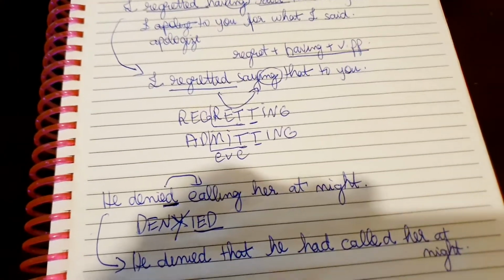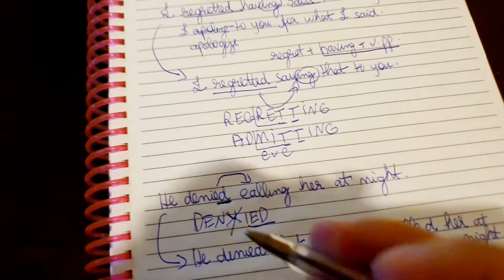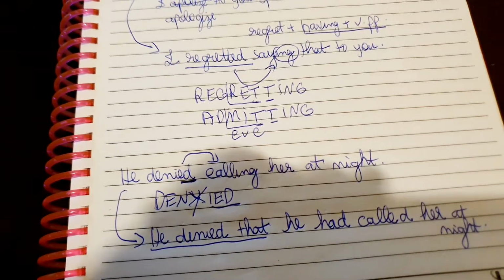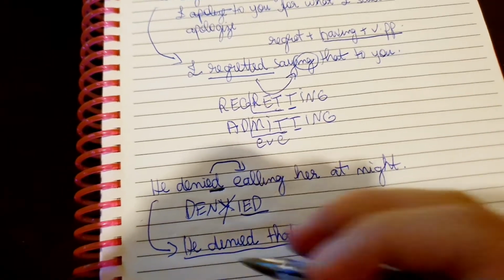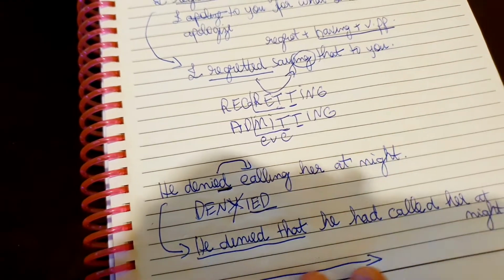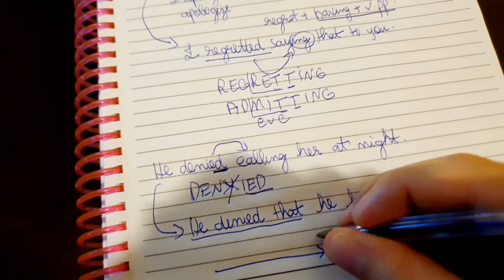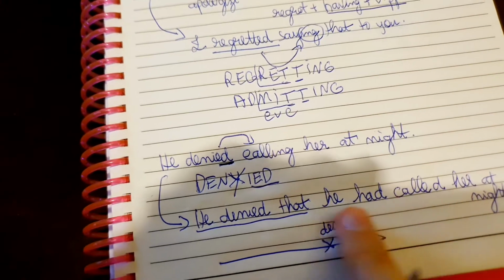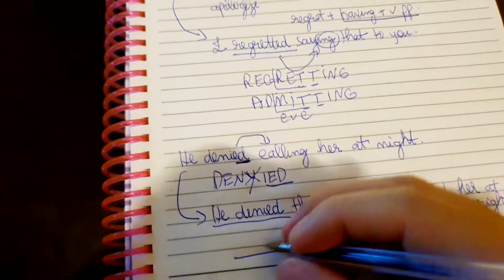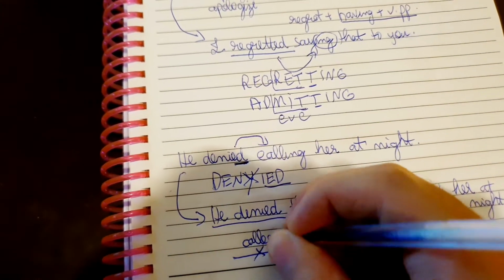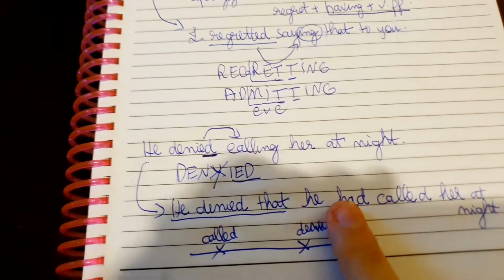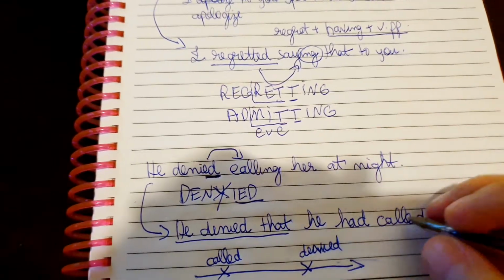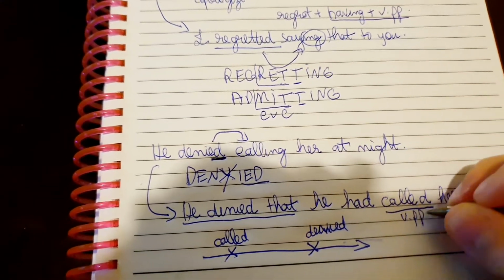So let's analyze this sentence. First, we have two actions in the past, right? He denied something. If we draw the timeline here, he denied that he had called her at night. So we have two actions in the past. The first one comes in the past perfect, which is the verb had plus the main verb in the past participle.